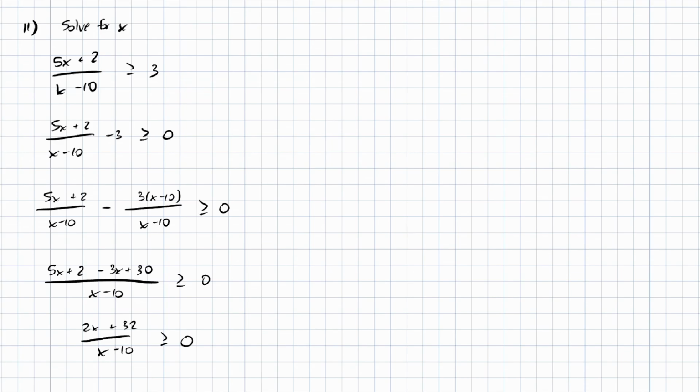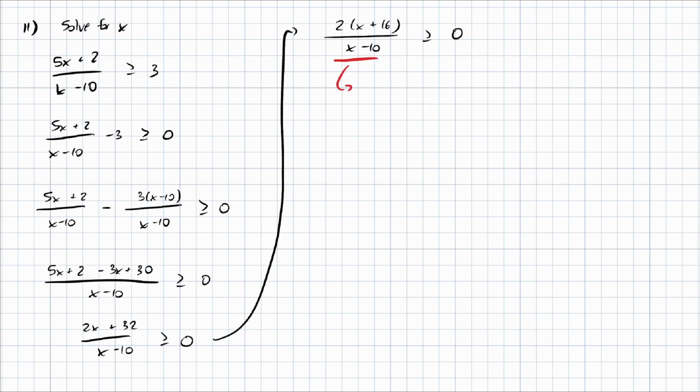Now we factor. So I'm going to run an arrow here. It's 2 times x plus 16 over x minus 10, greater than or equal to 0. Now, our first restriction is x cannot be 10. And then I know that I have a critical point when x equals negative 16. Now let's think about it.